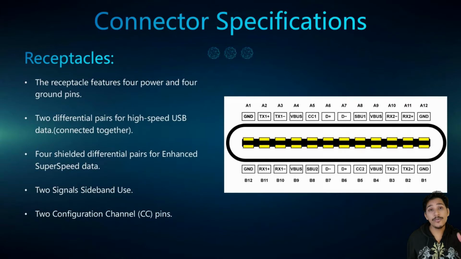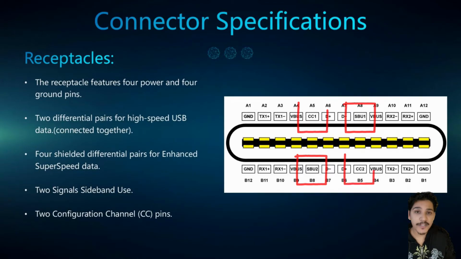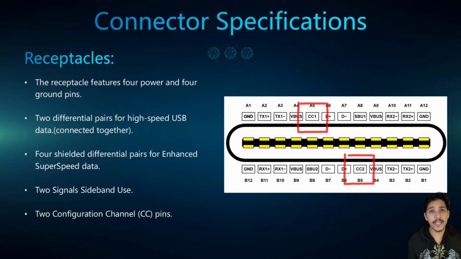We also have 2 sideband signals, SBU1 and SBU2, and 2 configuration channels that provide many of the new features supported by USB Type-C. Some of the features, like transferring PD data frames and configuration for the alternate modes, are supported by these CC pins. So CC pins have lots of functionalities.